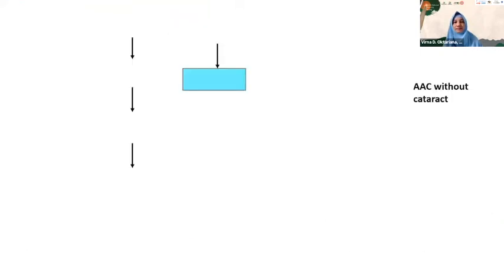I will go through this flow chart for us in two scenarios: patient with acute angle closure without cataract and with cataract. So once the patient presents with acute angle closure crisis, we will normally try medical treatment to see whether the acute attack can be aborted. If it is aborted, then we proceed with the laser iridotomy.